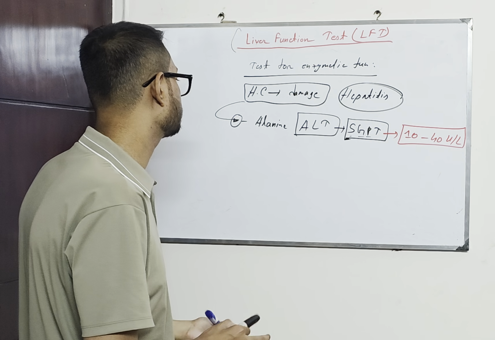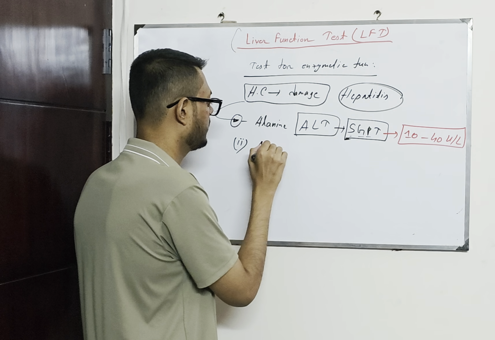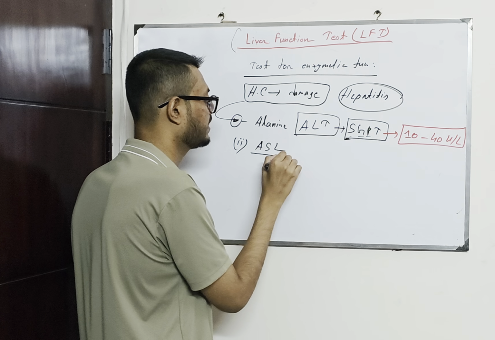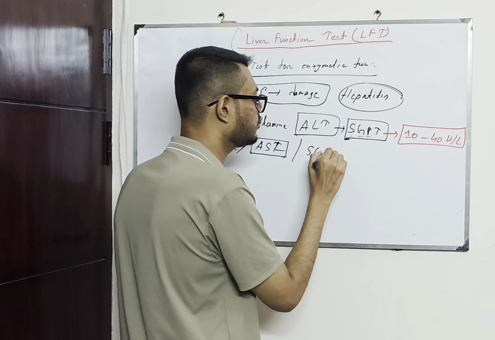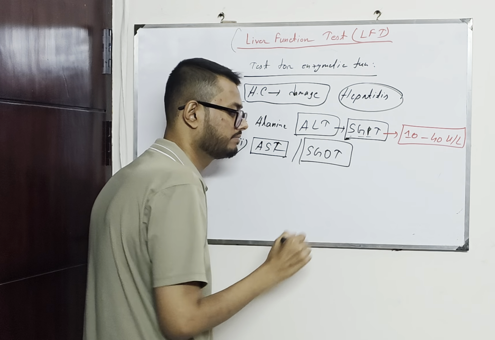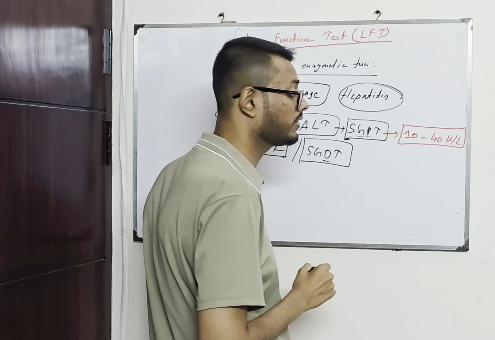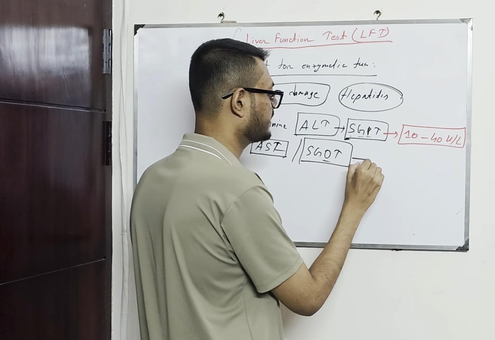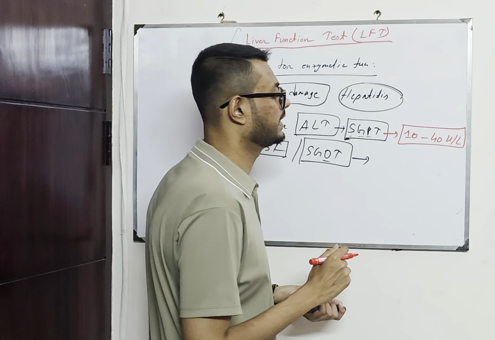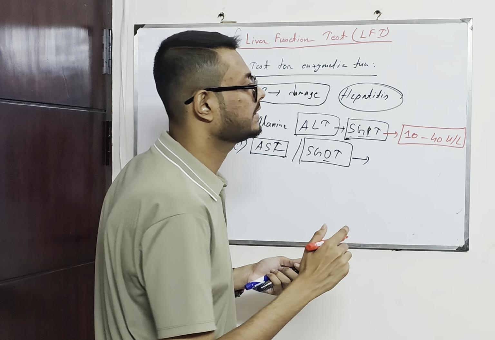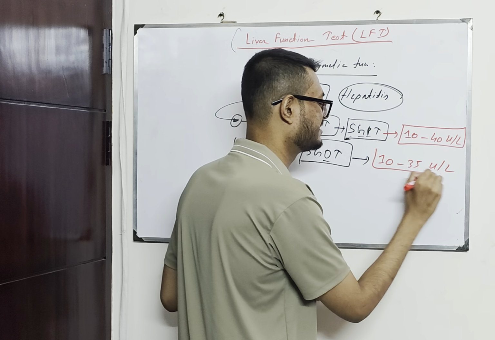Another thing that we can see is AST, aspartate aminotransferase, or SGOT, serum glutamic oxaloacetic transferase. What is its normal value? That is 10 to 35 units per liter.